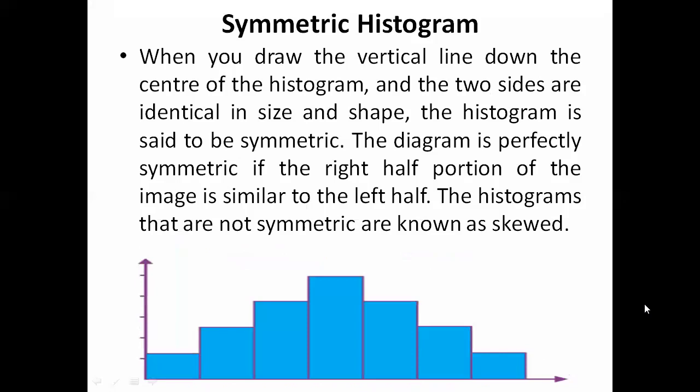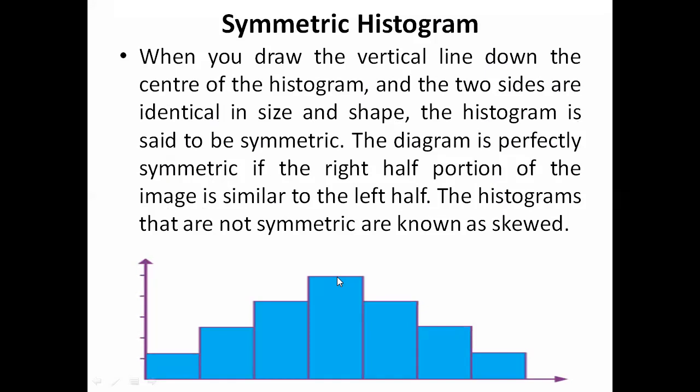Symmetric histogram. Here what happens is, when you draw a vertical line down the center of the histogram and the two sides are identical in size and shape, the histogram is said to be symmetric. The diagram is perfectly symmetric if the right half portion of the image is similar to the left half.